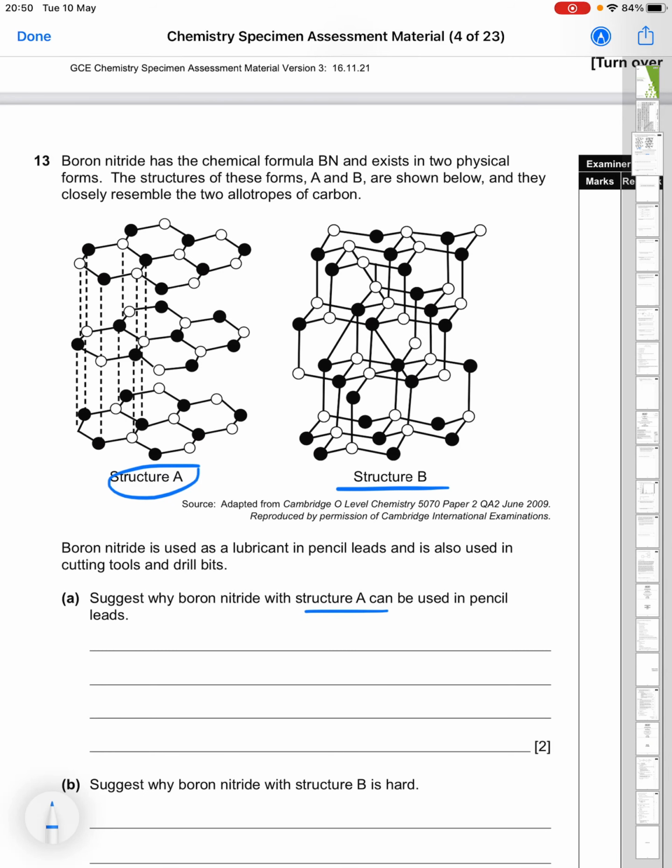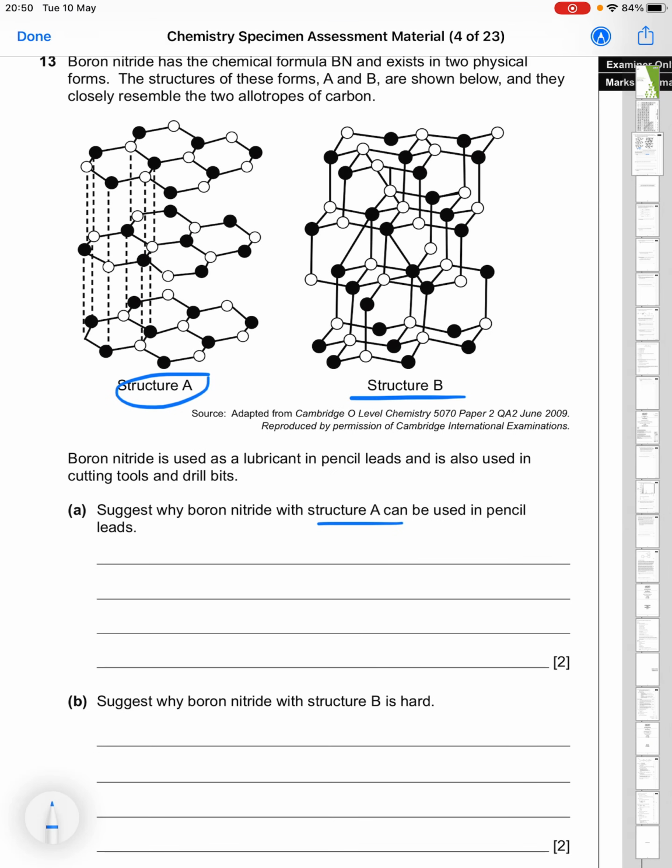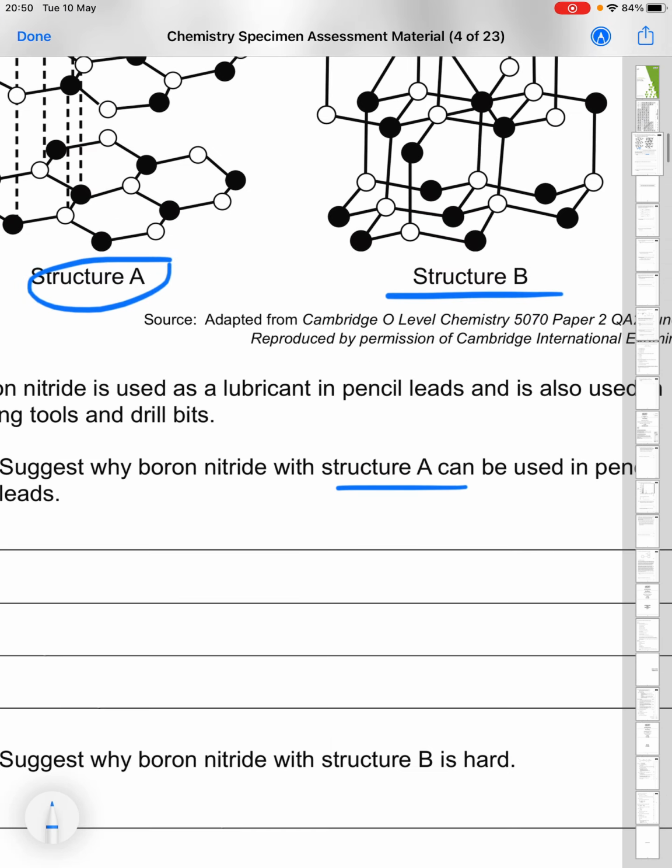Suggest why the boron nitride with structure A can be used in pencil leads. Same reason that the graphite can. So do you know the answer for graphite? Yes, transfer to this.